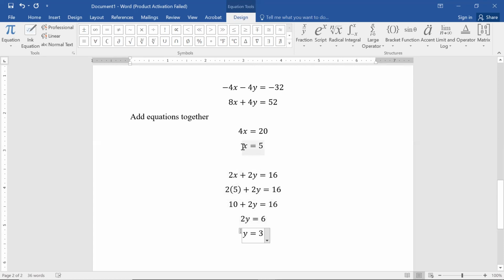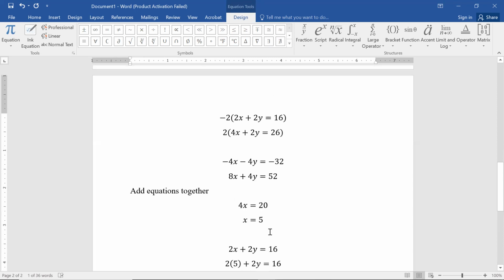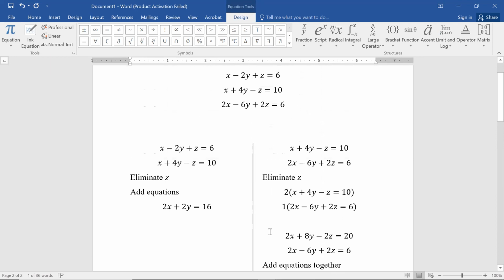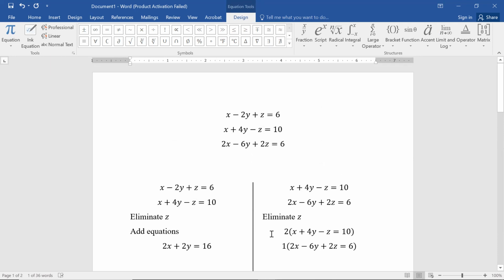Now I know that the x value is 5, the y value is 3, and so I want to find the z value. I use any of these first 3 equations to find my z value.